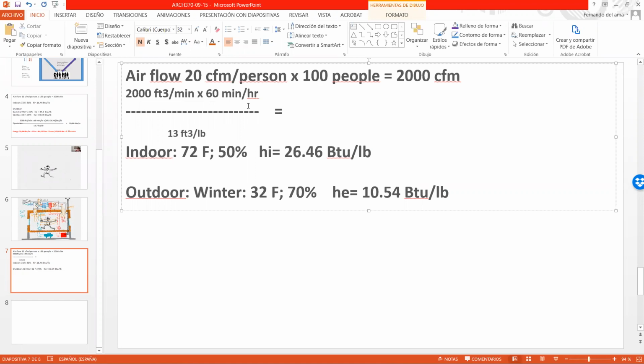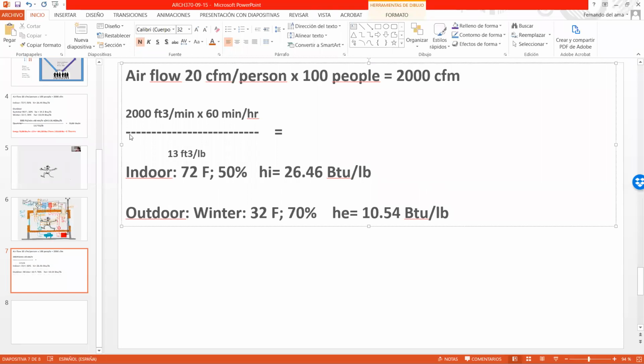Okay, so now if we have this formula, this is the airflow, but we need airflow, and the units are pounds per hour.